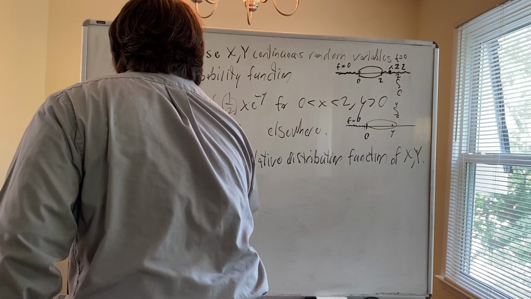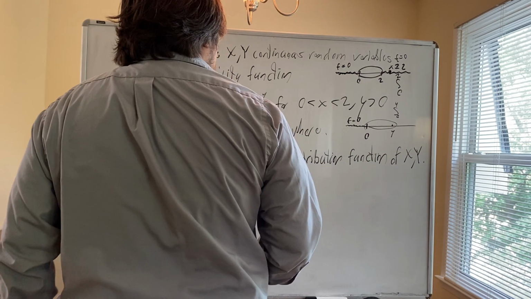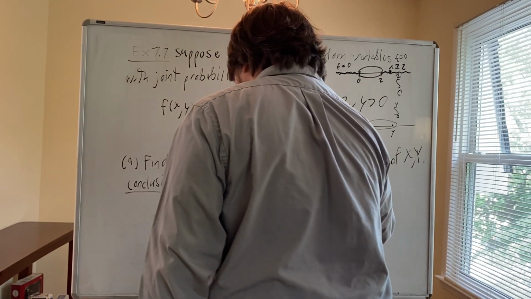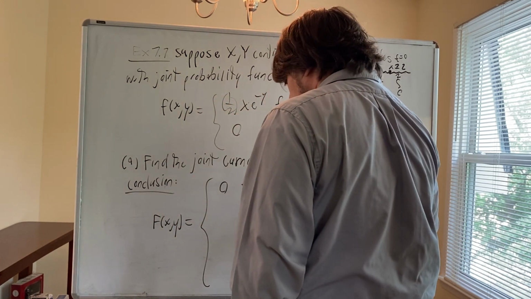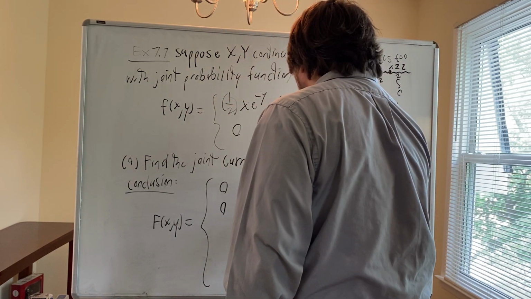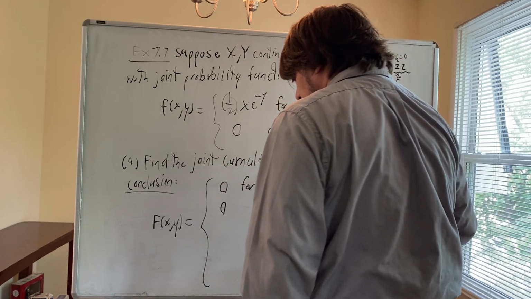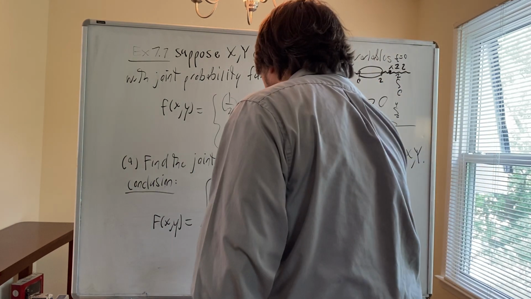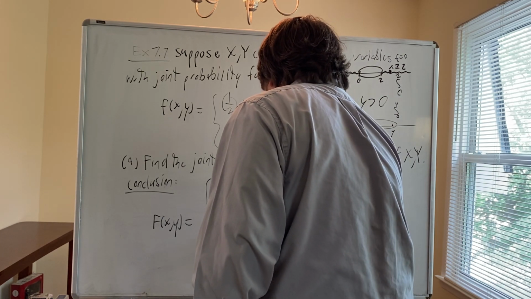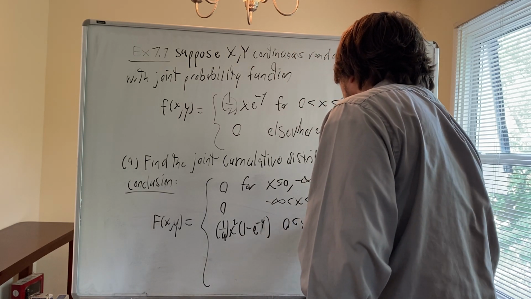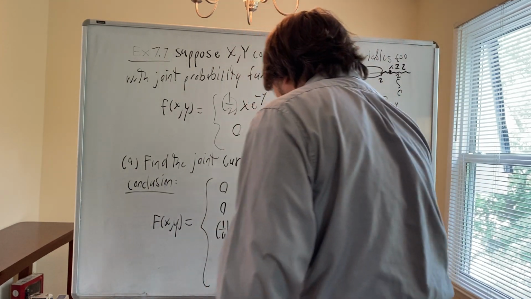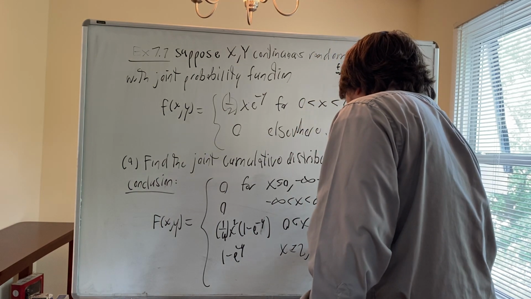The answer to the problem, find the joint cumulative distribution function of x and y, is: capital F of x comma y is equal to 0 for x less than or equal to 0 and y any real number; 0 for negative infinity less than x less than infinity, y less than or equal to 0; 1/4 x squared times 1 minus e to the negative y for 0 less than x less than 2, y positive; and 1 minus e to the negative y for x greater than or equal to 2, y positive.